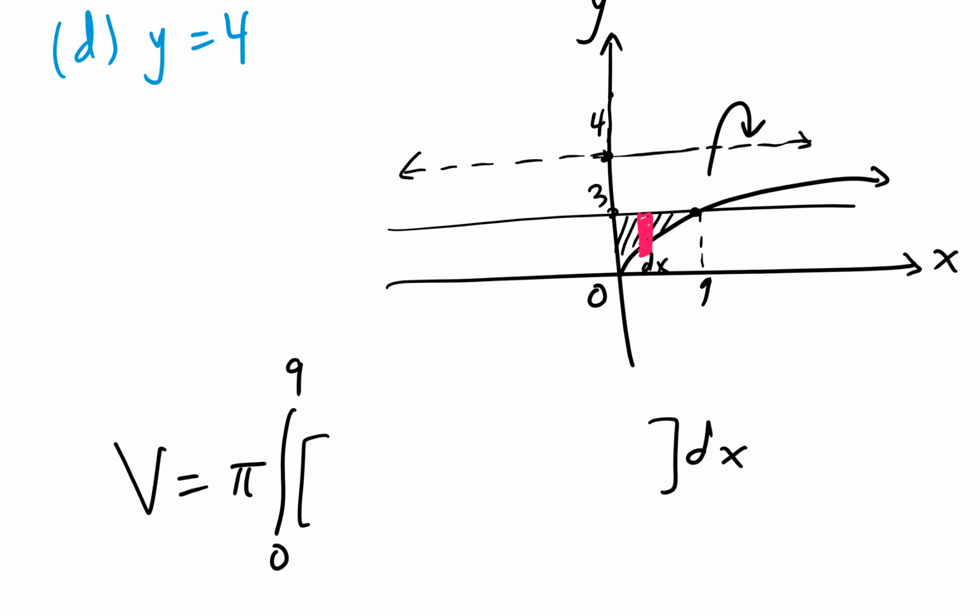Let's see what we have. There's a space. Do you see that region, the shaded region and the axis? There's a space, so we're going to use washer. Washer means you're going to have something squared minus something else squared. So let's see how we go about this. The first one is this tip from here to here. What is that distance? Well, it's a little bit tricky.